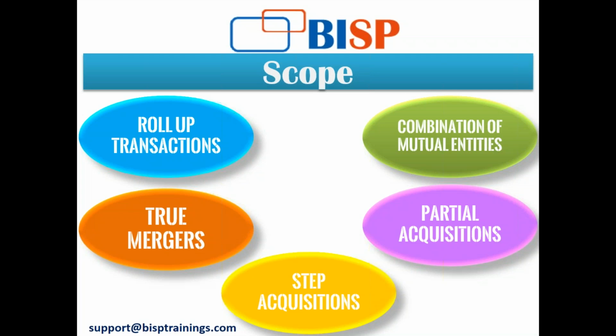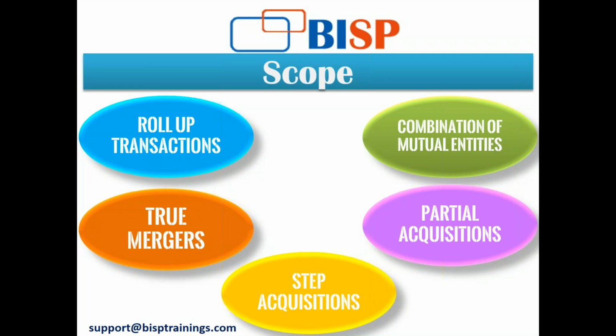Now, in partial acquisitions and step acquisitions, partial acquisition can happen at any point of the year. I may not have any transaction with entity A, but I can go and purchase the controlling voting rights of entity A, and I can become the controller or the acquirer of that entity.